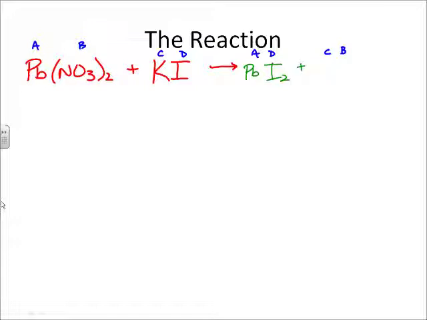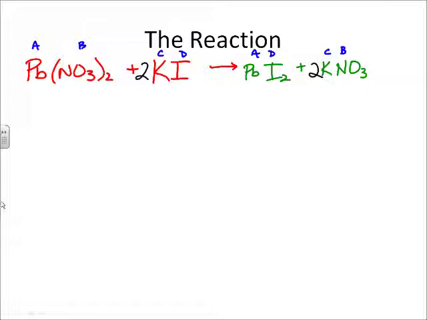And then our C was potassium, and that's going to get paired up with nitrate. And we only need one of each since there's +1, -1, respectively. So the next thing we need to do is balance our equation with coefficients. And to do that here, we need to put 2 here and 2 here. So this is the reaction that we're going to be dealing with.